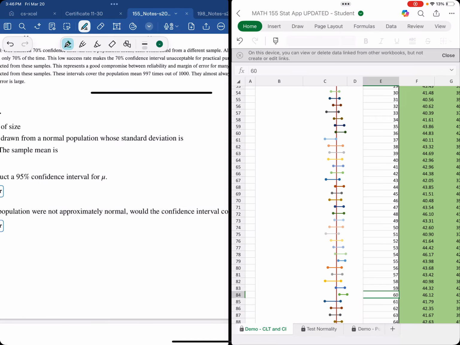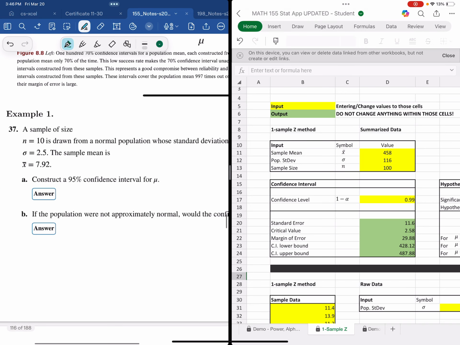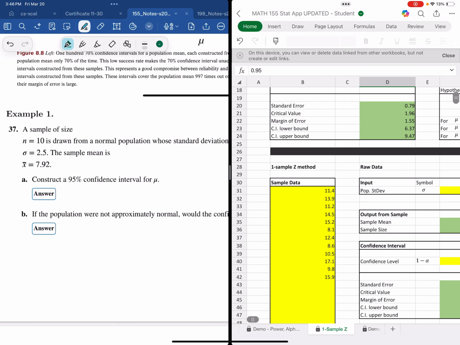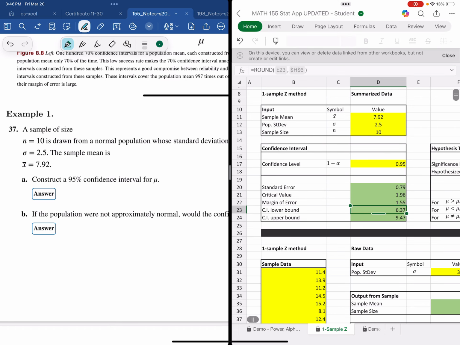So if we take Excel and go to one sample Z, we have our sample mean, which is 7.92, population standard deviation 2.5, and the sample size is 10. And last but not least, they say a 95% confidence interval, so make sure to put in 0.95. And sure enough, we get our confidence interval.